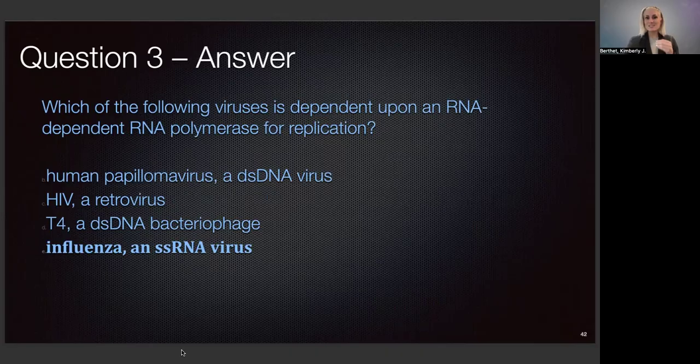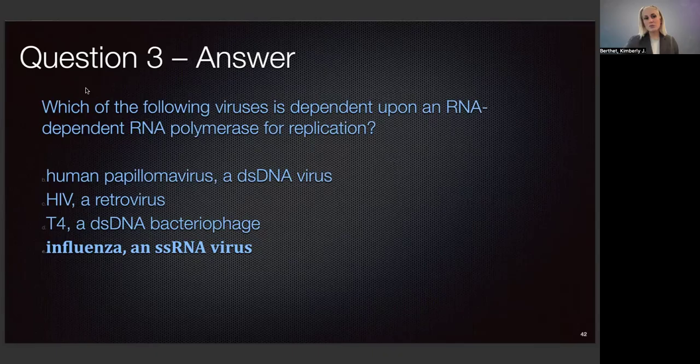So this is where you can extrapolate going back to the Baltimore model. So here we see influenza is a single-stranded RNA virus. So an RNA-dependent RNA polymerase is actually an enzyme that takes RNA and makes RNA out of it. So a single-stranded RNA strand, we can go from the sense to the template strand or coding to non-coding strand.